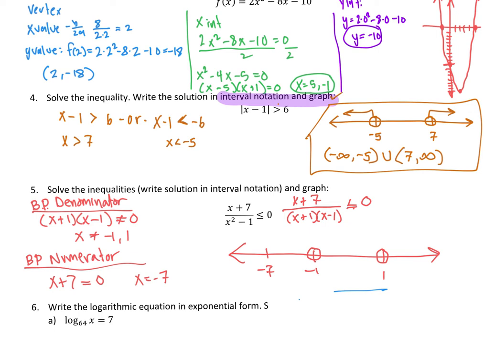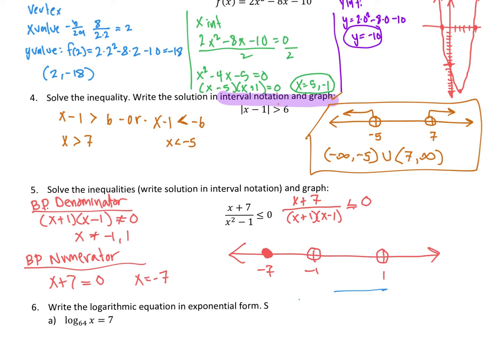So because this is less than or equal to, it can be equal to -7. So I shade that one in. So the denominator and the numerator have two separate ways to put the answers onto the number line.